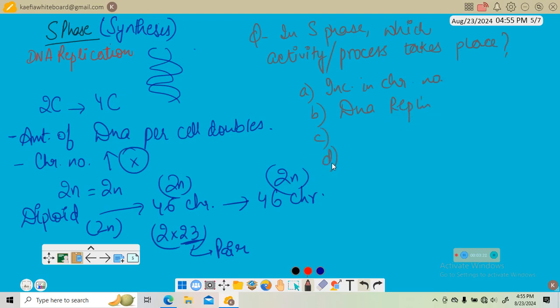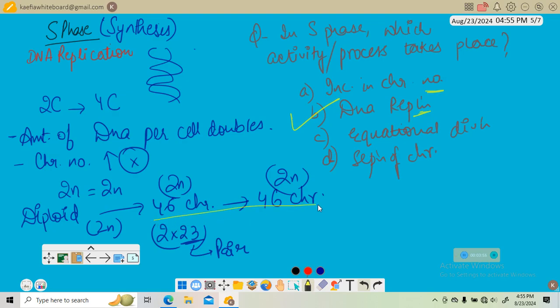The rest of the two options we can write as any, like equational division, or separation of chromosomes. So this way the question comes. These two options will be there. So the answer is DNA replication.